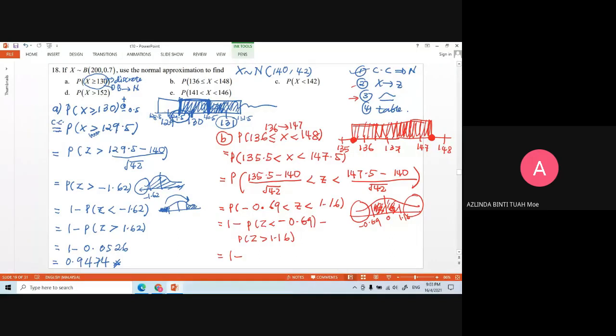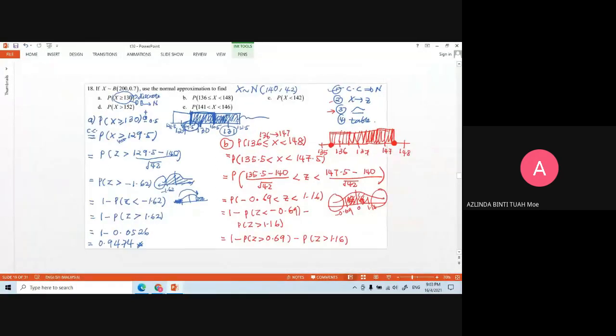Okay, continue Fionn. From table, sorry, before that, we have to do something on negative 0.69. What is it? Reflect, madam. So Z greater than 0.69. Okay, from table, Fionn. 0.2451.